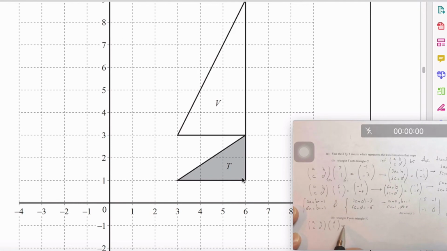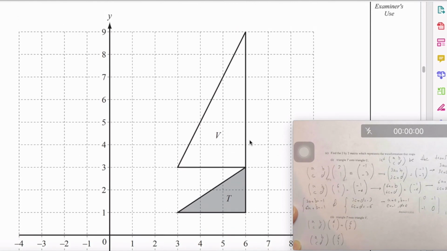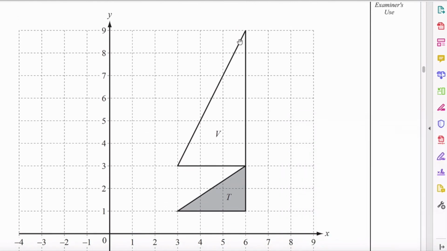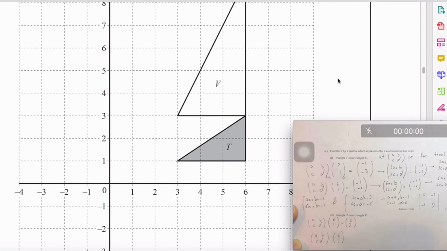So the image is 6 and 3. Then again, A, B, C, D is multiplied by the other one, for example, 6 and 3. Do you see here? 6 and 3 is here. 6 and 3 is mapped onto 6 and 9. So the image will be 6 and 9.